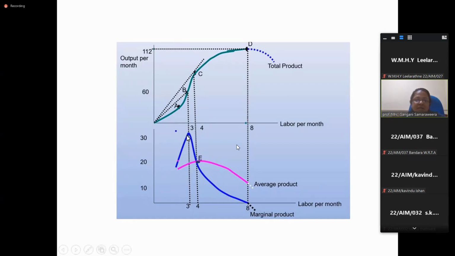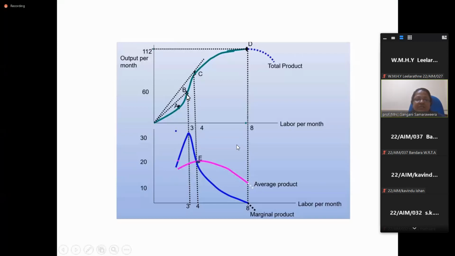See, marginal product is maximum here at that point. You can see my cursor. Okay, so here we can see when the marginal product is maximum.